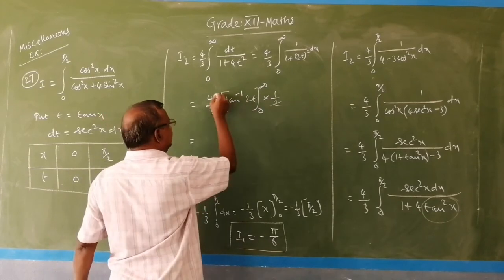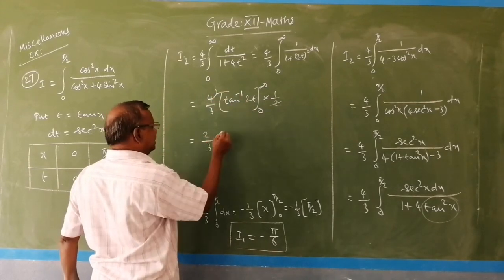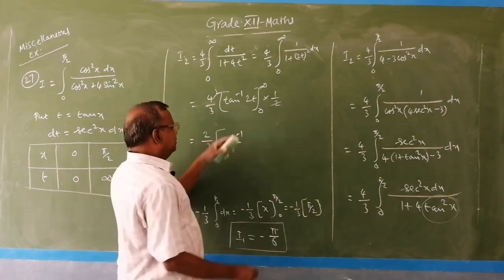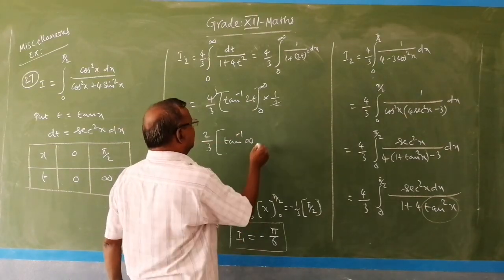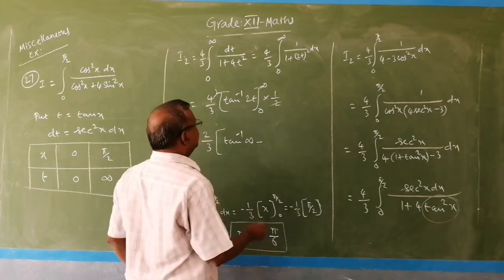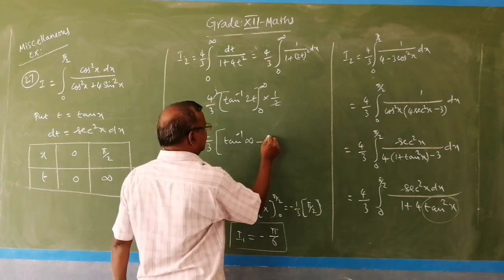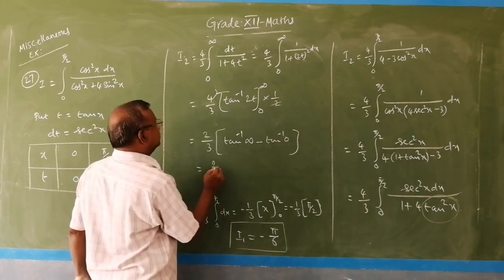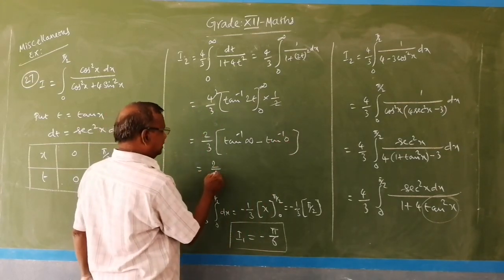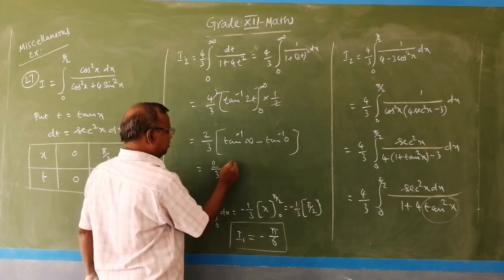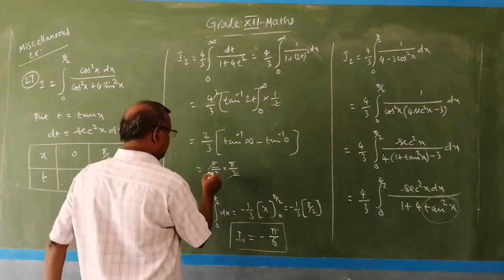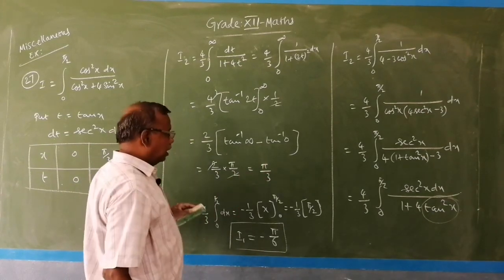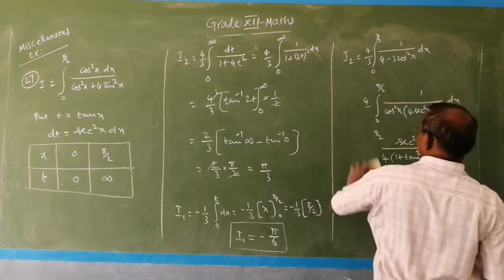So this is equal to 2 by 3 into tan inverse of the upper limit infinity minus tan inverse of 0. So that is equal to 2 by 3 into tan inverse of infinity, which is pi by 2, which is equal to pi by 3.